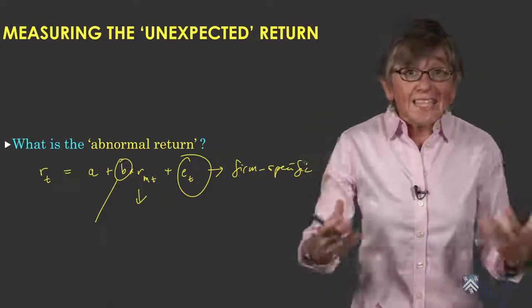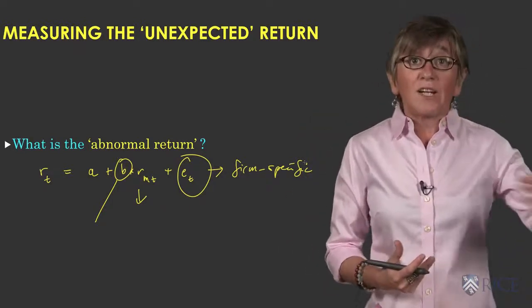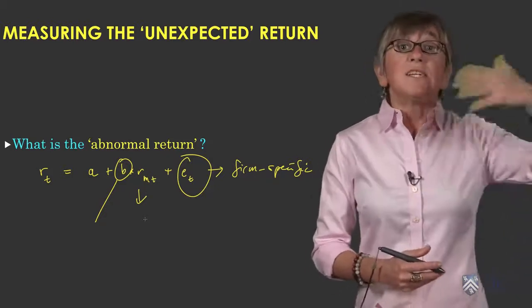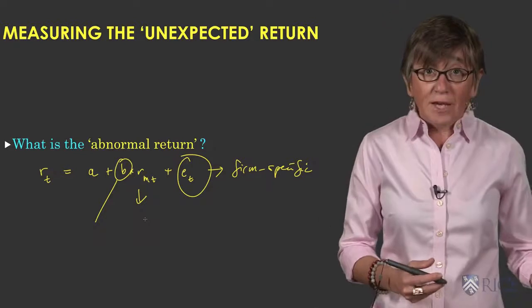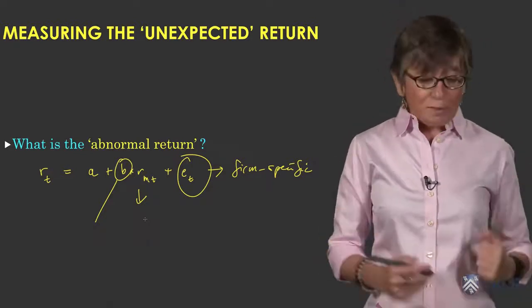So if we can estimate what we could ordinarily expect for a given level of market performance, then we could subtract that from the actual return and isolate the part that is firm specific.